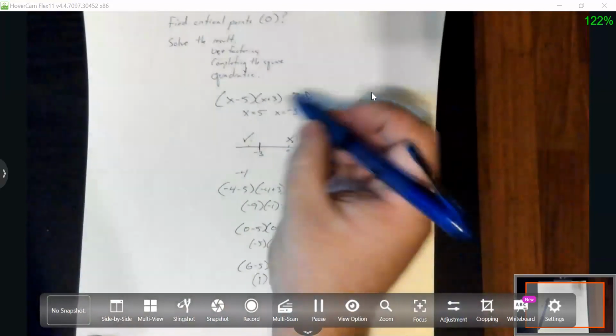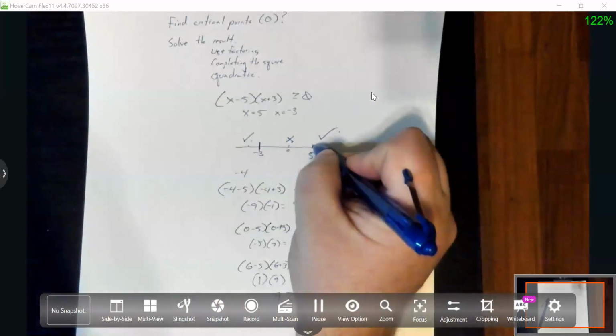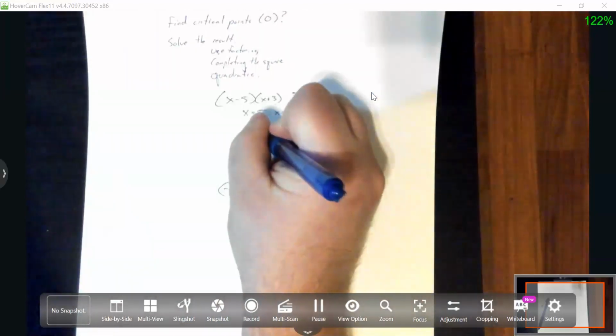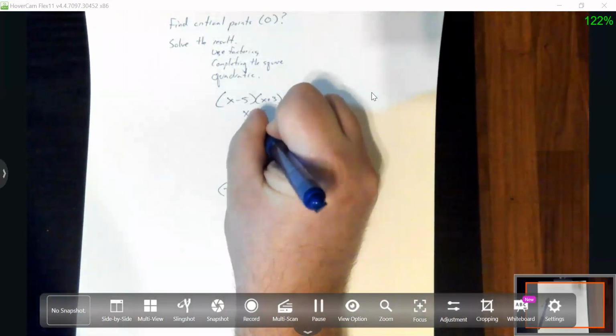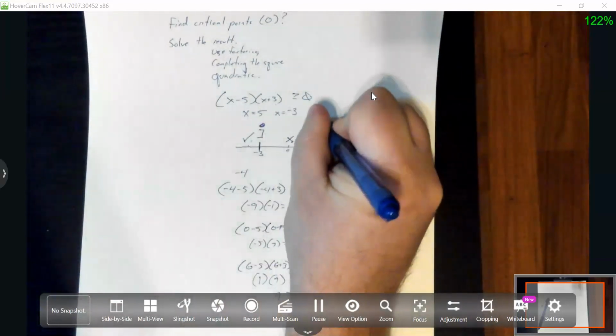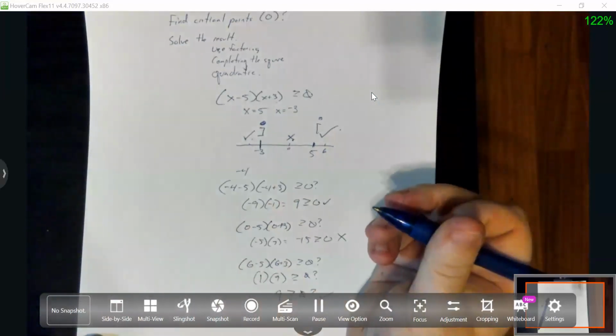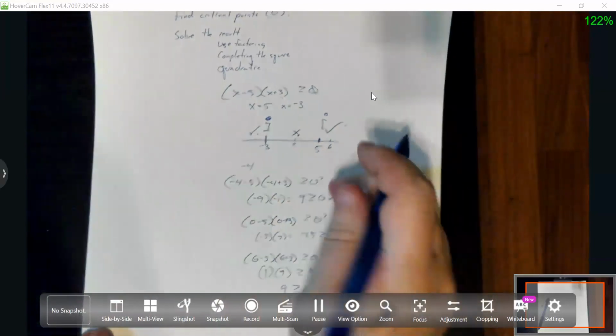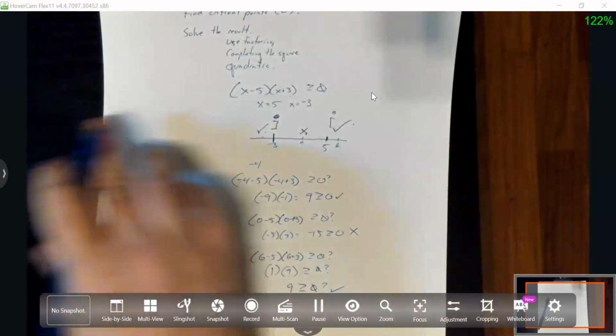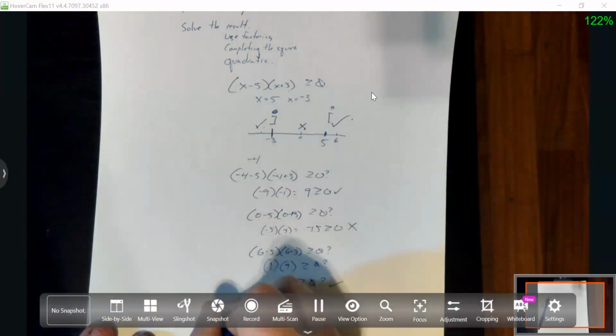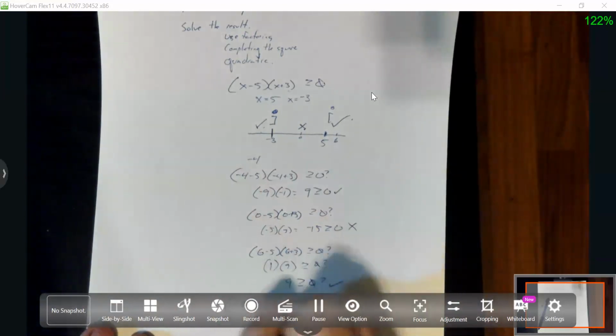My final thought is we match it up to these points. It was a greater than or equal to, so it would be a bracket or a closed circle. So my final answer here, I'm going to write out in interval notation, because it can be anything from -infinity all the way up to -3 inclusive.